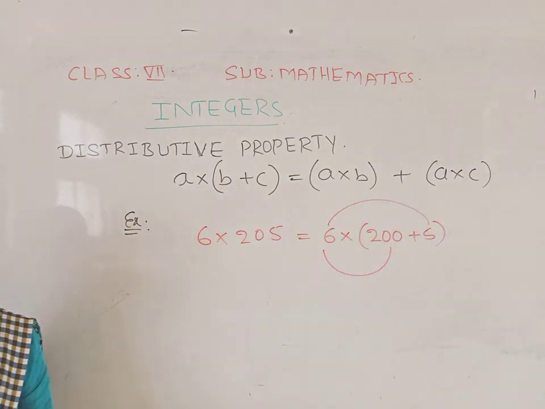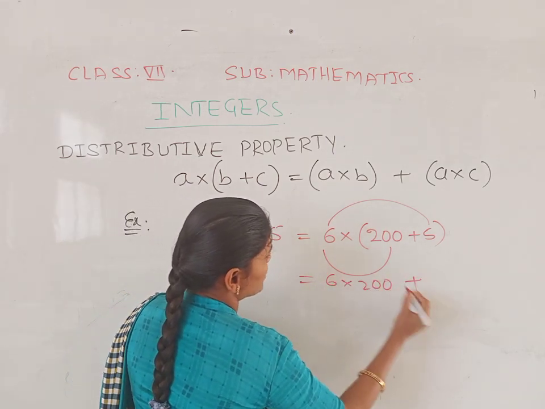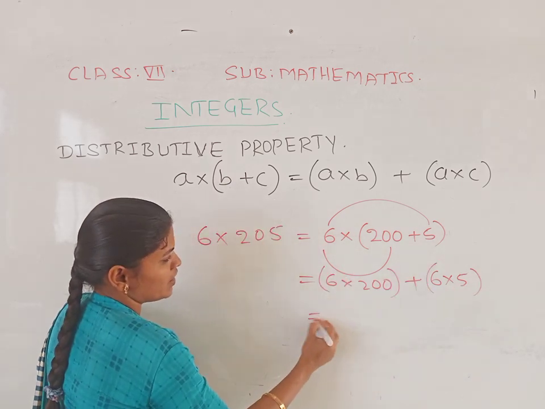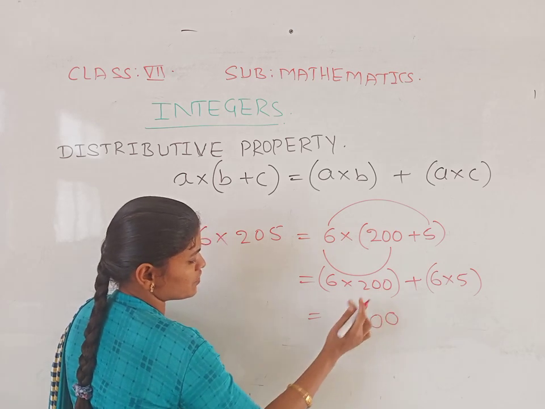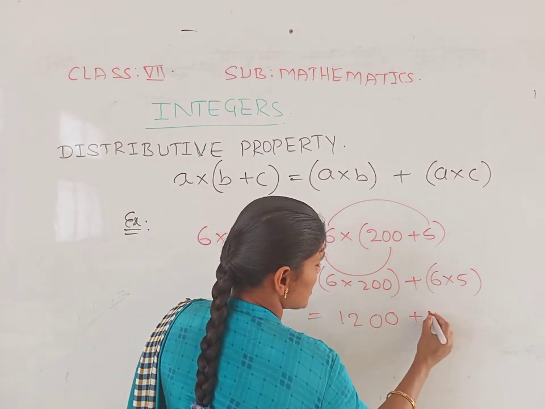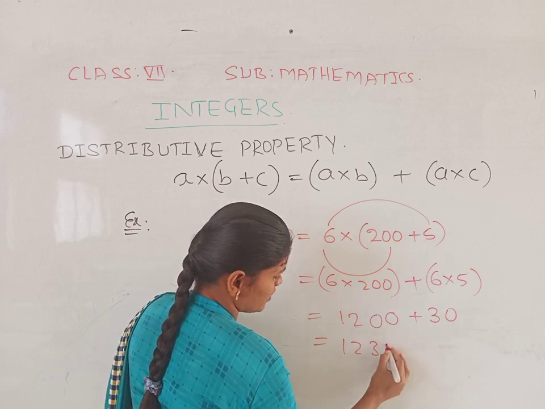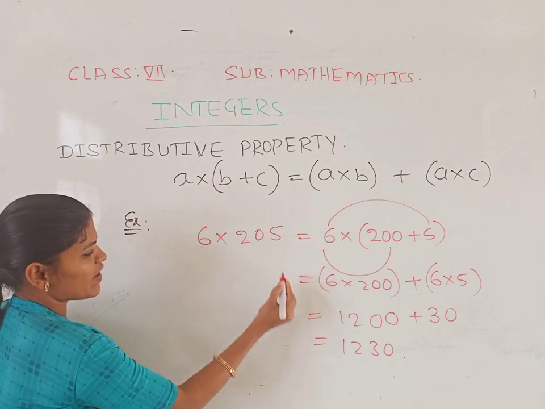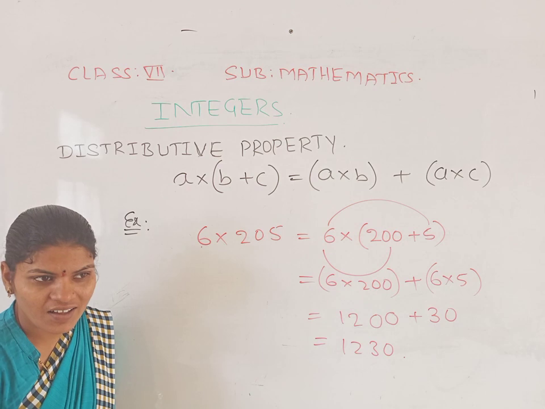Then we have to add the products: 6 into 200 plus 6 into 5. 6 2s are 1200, plus 6 5s are 30. 1200 plus 30, 1230. This is the product. You can check here.